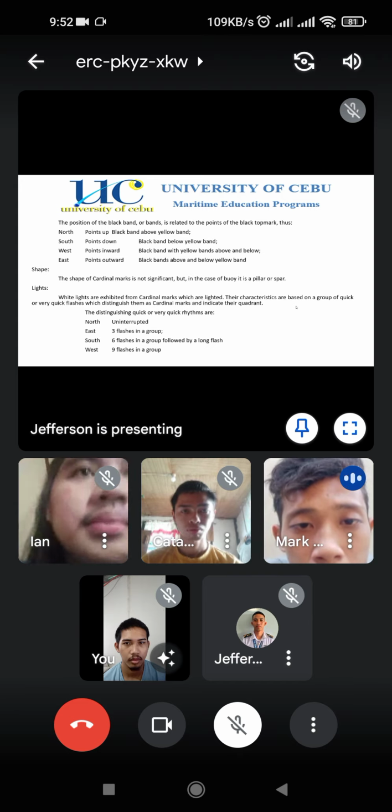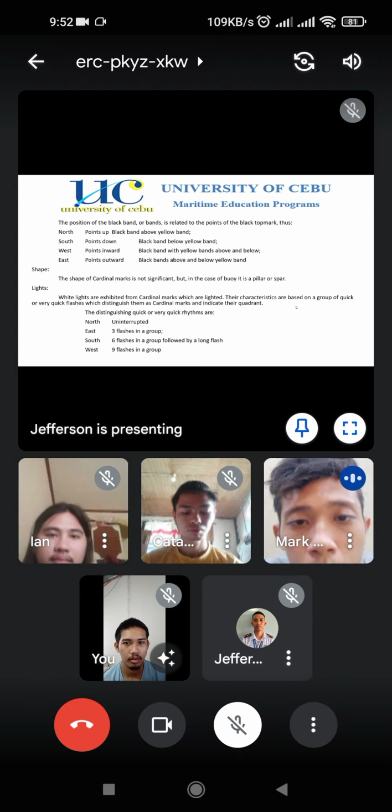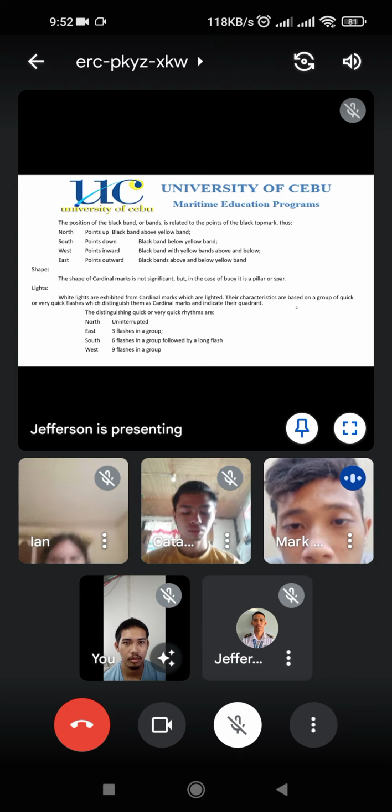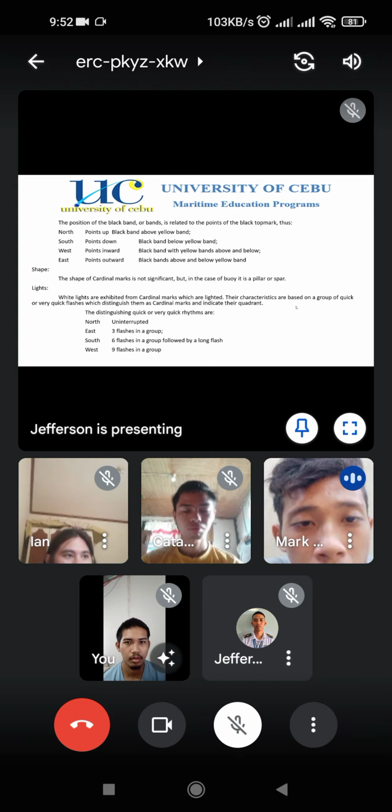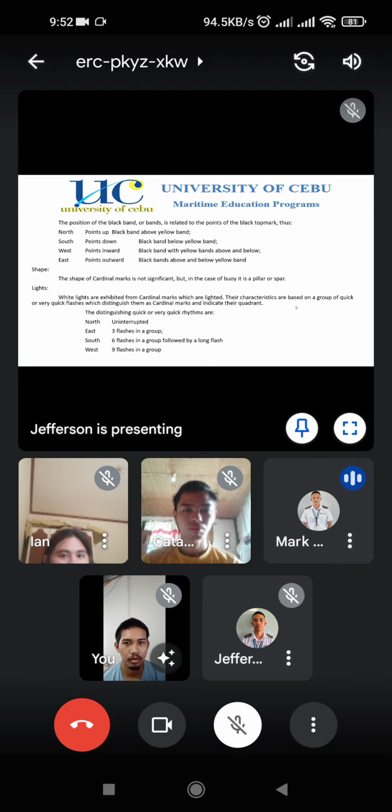Lights. White lights are exhibited from cardinal marks which are lighted. Their characteristics are based on a group of quick or very quick flashes which distinguish them as a cardinal mark and indicate their quadrant.